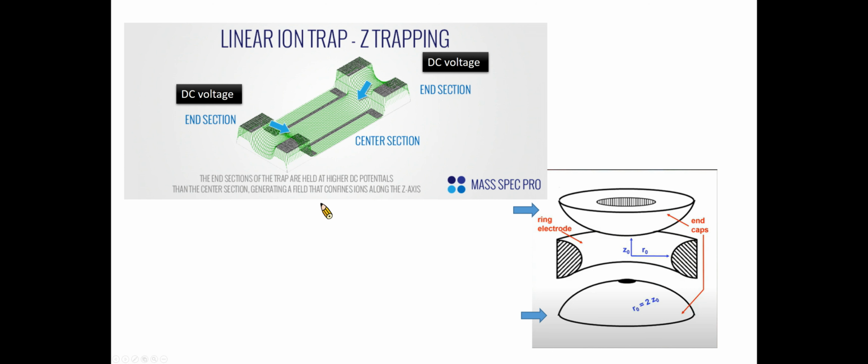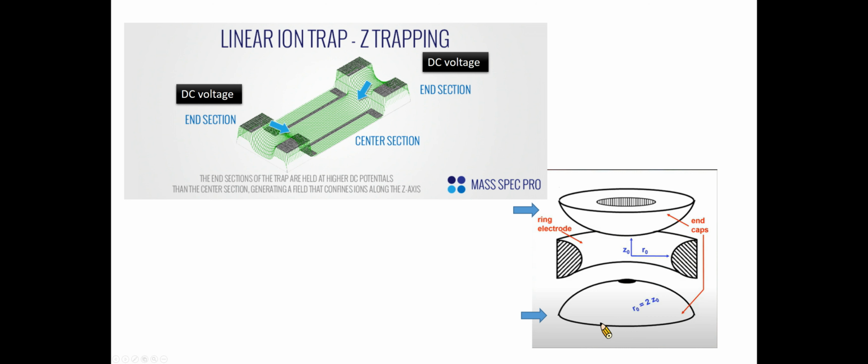While the RF field traps ions in the XY direction, it is not effective at confining the ion in the Z dimension. Confinement along the z-axis is accomplished by placing a different DC potential at the end sections of the trap that is higher than the DC component of the center sections.